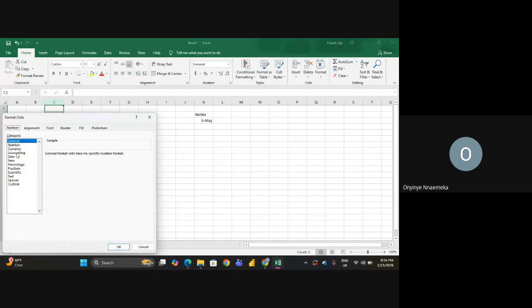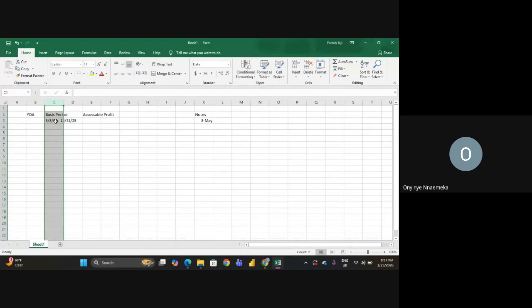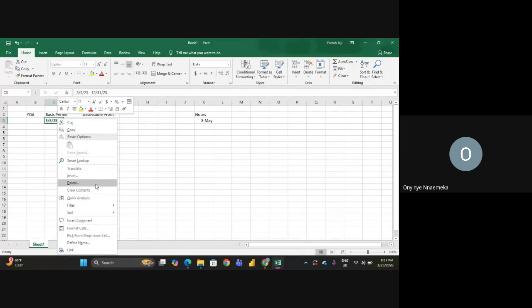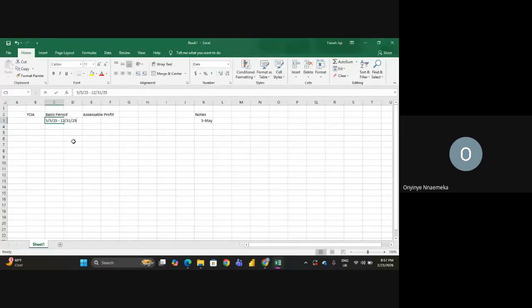So I want to repeat this particular one, and it follows the preceding year basis. Remember, preceding year basis means that profits of last year will be charged to tax this year.